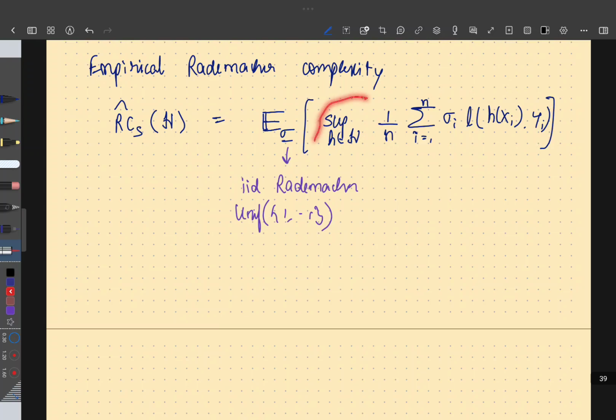So the supremum over all possible H asks for the maximum possible correlation that you can have between pure random noise and this loss vector. That's one way of interpreting this quantity, and this is of course averaged over sigma.